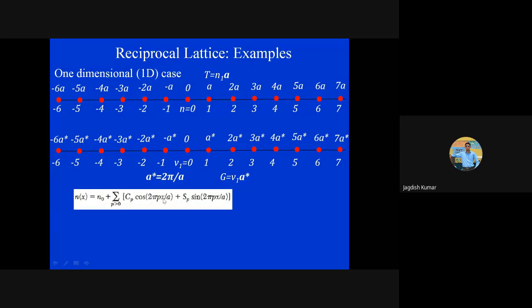Then 2 pi v2 y by b, 2 pi v3 z by c maybe, or A1, A2, A3 actually. So that is how they are going to look. But that is not going to be as simple as this one. There will be little lengthy terms there. So I refer you to go to that.